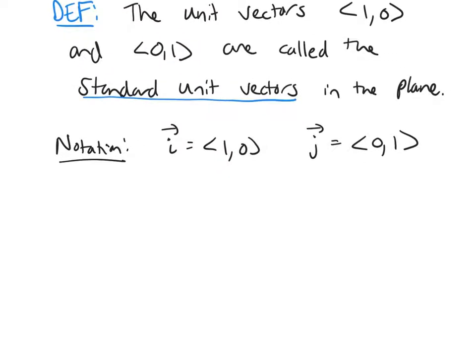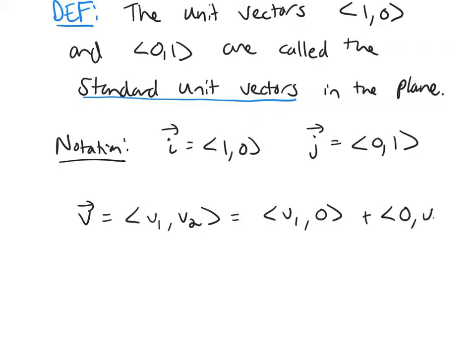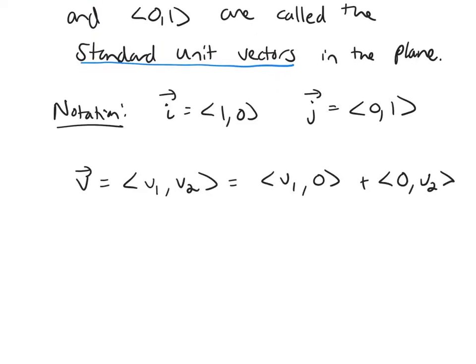And what's nice about these standard unit vectors is I can use them when I write any vector. So let's take an arbitrary vector v = (v1, v2). You can split it up as the sum of the vectors (v1, 0) plus (0, v2). And this is the same thing as the scalar multiple v1(1, 0) plus v2(0, 1).